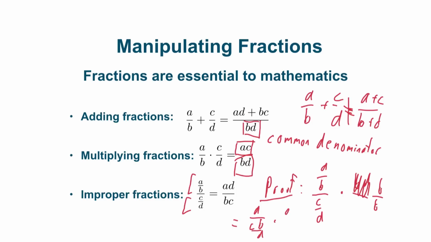And then I multiply again by d over d to get AD over CB, or BC. This is just a matter of multiplying by 1 in the form of b over b and d over d.